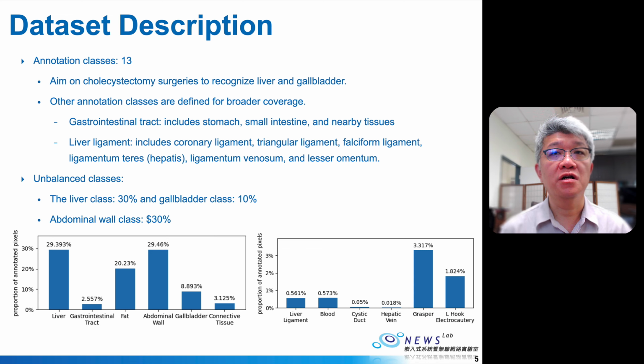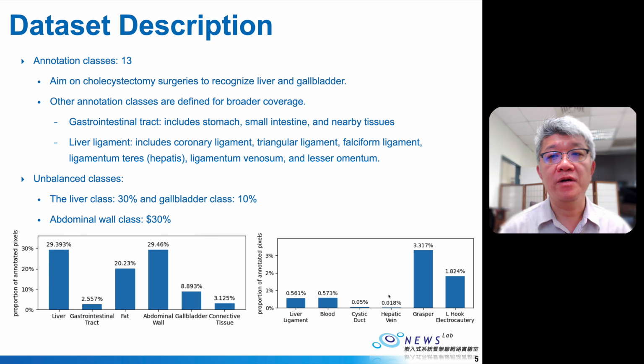Because this dataset focuses on cholecystectomy surgery, the classes are not balanced. For example, the liver class occupies about 30% of the data, the gallbladder class only occupies 10%, and the abdominal wall class occupies 30% of the dataset.